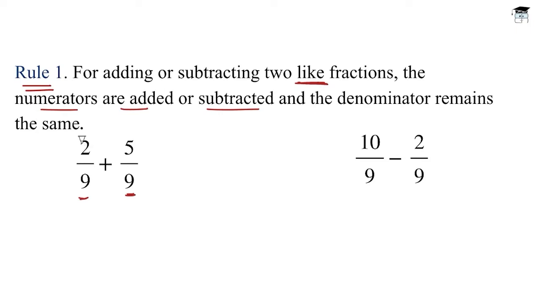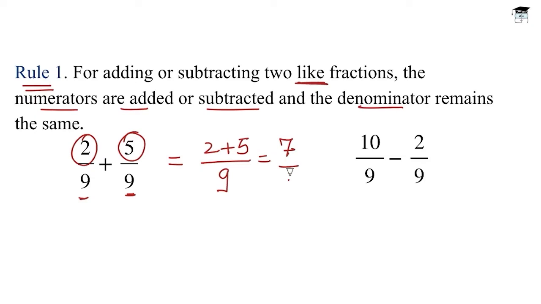So if you want to add 2 by 9 with 5 by 9, the first thing that we have to do is add the numerators. So we are going to add the numerators and the denominator will remain the same. So it will remain 9. So the answer is 2 plus 5, 7 by 9. It is so easy. When you are going to add like fractions, you just have to add the numerators and keep the denominator the same.